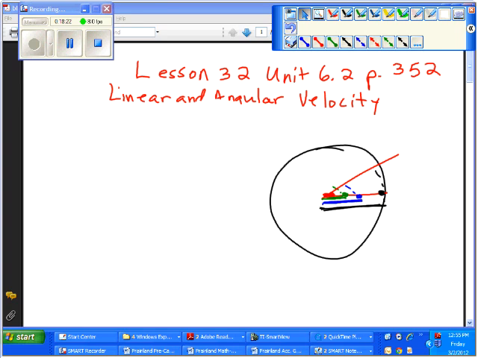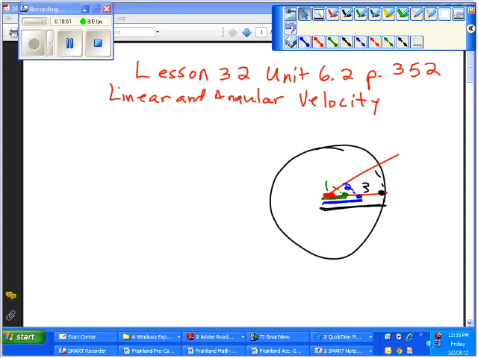Because the little green guy isn't going to go as far every time he goes around as the one on the outside, right? The outside one is going to go further every time he goes around. Well, what would tell us the relationship? Let's say that the green was 1 foot, and the blue was 2 feet, and the black was 3 feet from the center.